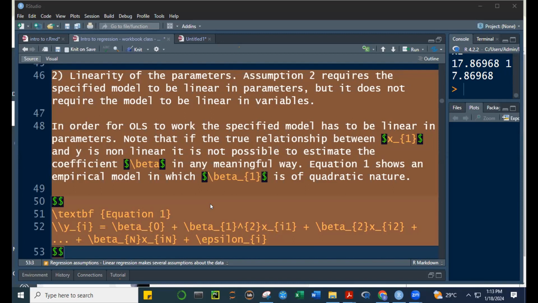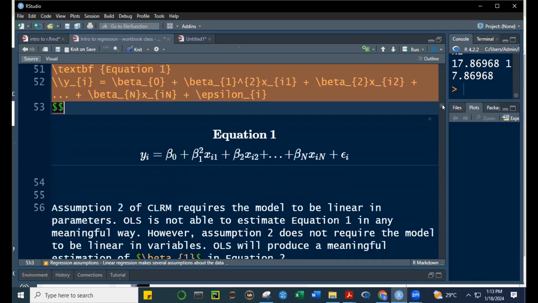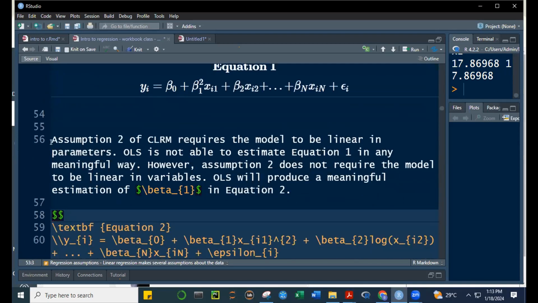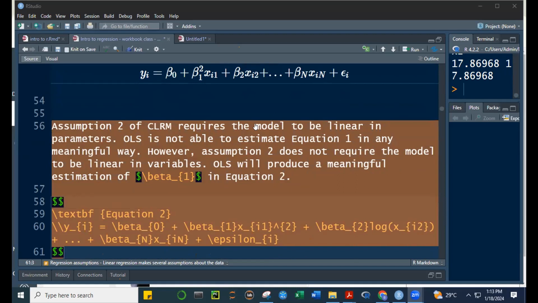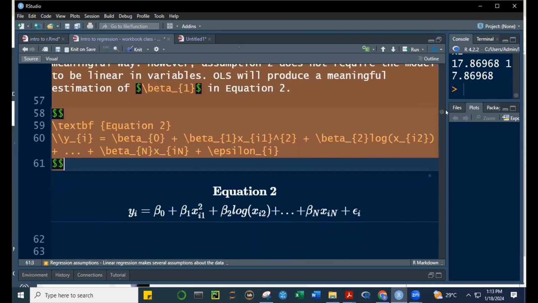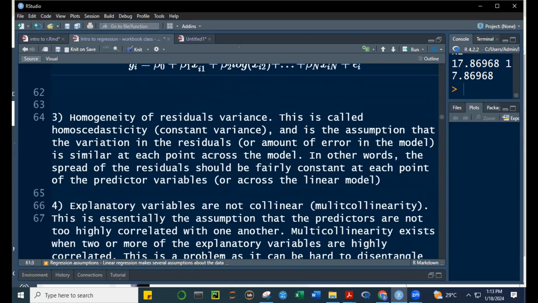Okay, and then also I'll send the next one, assumption 2. So Control C. I'll chat this. All right.